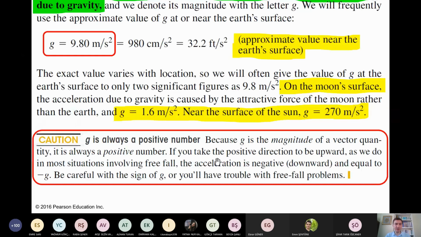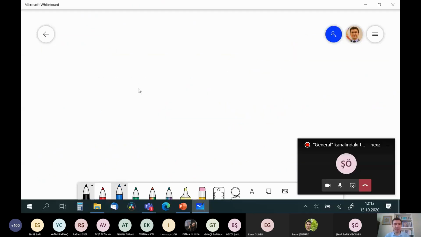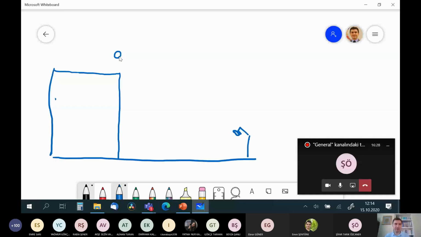Now, maybe let me draw here and you can better understand. Let's consider that here we have a building. One man or lady is standing here and leaving something from this position. So what is the sign of g here? Acceleration.